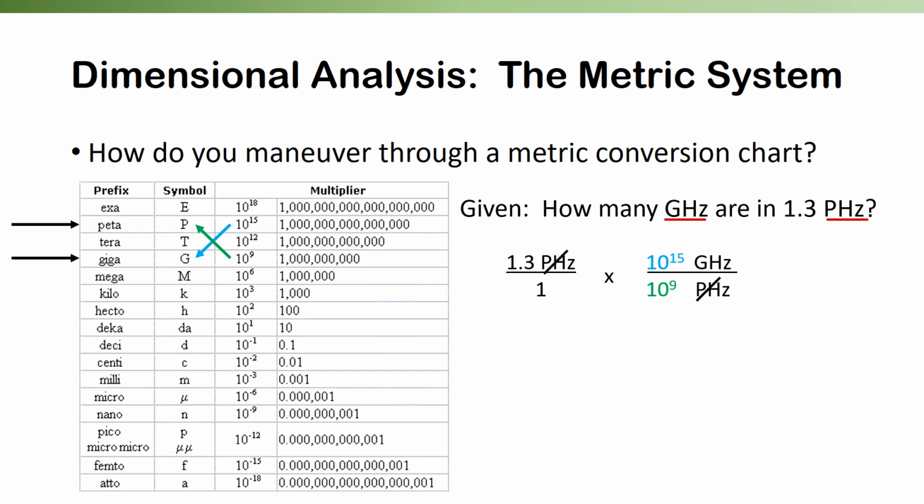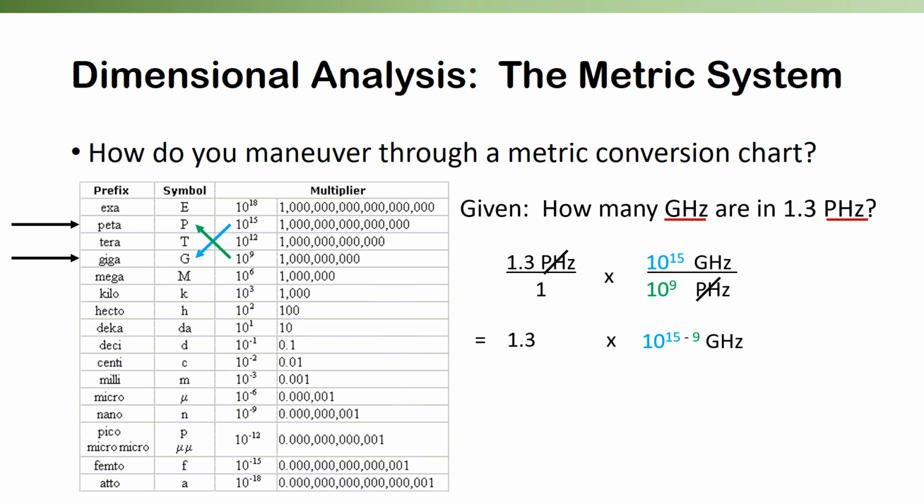So in our first term, we've simply eliminated the unit petahertz. So we can reduce that term to 1.3. Now we can deal with the second term, which is 10 to the 15th gigahertz over 10 to the 9th. And we do this by rewriting it like this: 10 to the 15 minus 9 gigahertz.